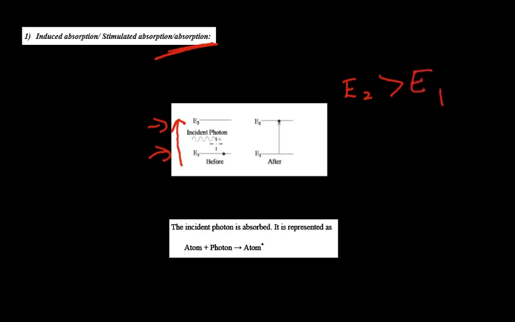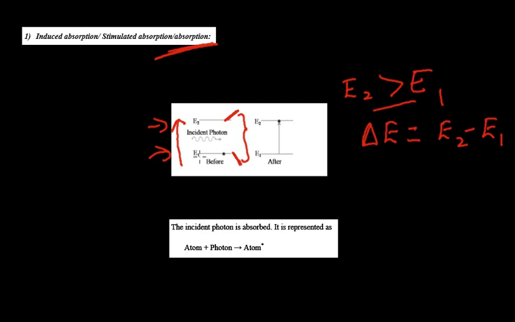Now, if you want to find out how much is the difference in energy level between these two states, we'll consider the bottom state as the ground state and the upper state as the excited state. So the difference in energy level between these two states will be E2 minus E1, because E2 is greater than E1.